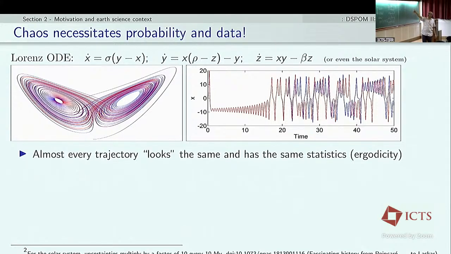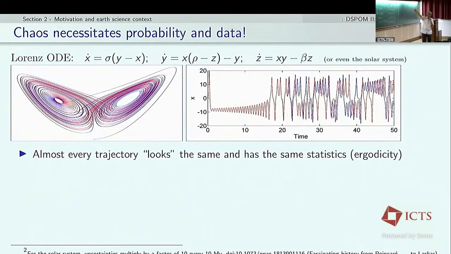After some time, something like time 20 or so, there is a visible difference between the two trajectories. Before that, there is not that much difference that you can see. So you start very, very nearby. For some time, things will be close. Eventually, they will become completely different. That's on the right-hand side. Okay, that happens. That's just the X component, for example. There are 3 components, X, Y, Z.